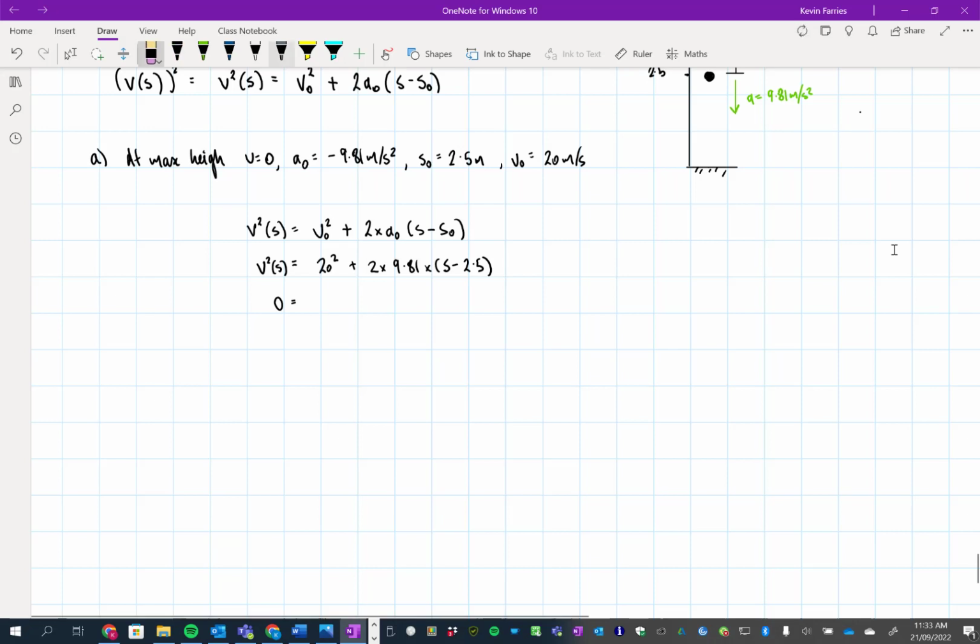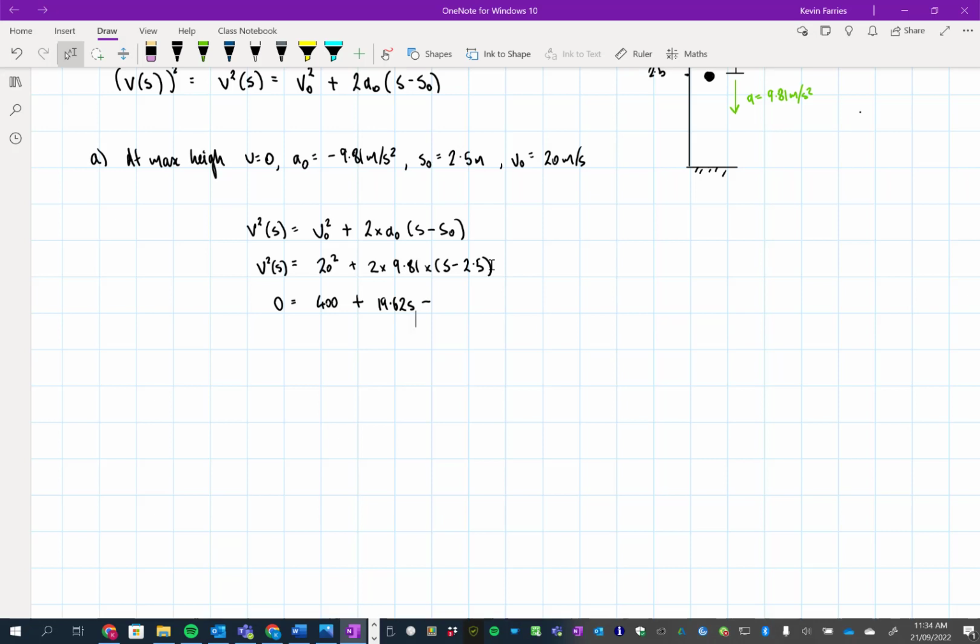Let's just start figuring some of this stuff out. That's going to be 20 squared, which is 400, plus, so we're going to multiply out these brackets now. So we're going to have 2 times 9.81, which is 19.62, times s. 19.62s, take away, so we've got a negative there, this is positive, so this is going to be negative, so it's going to be 19.62, 2 times 9.81 times minus 2.5.